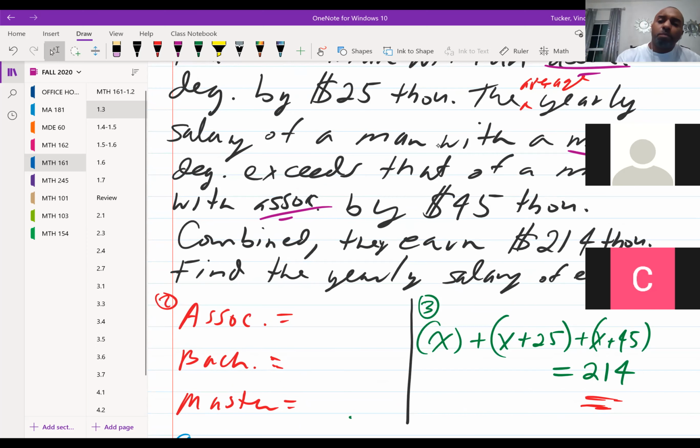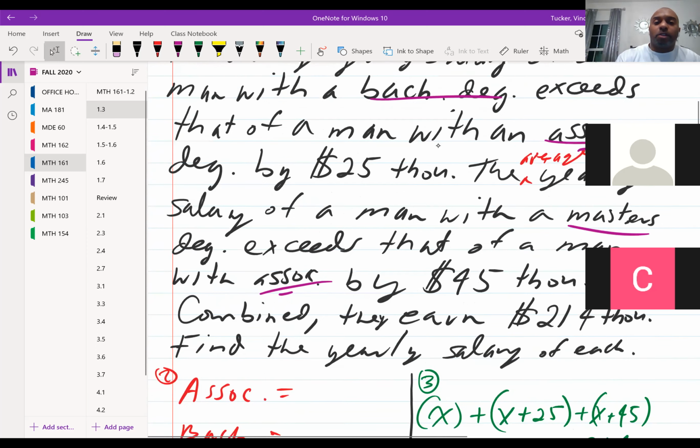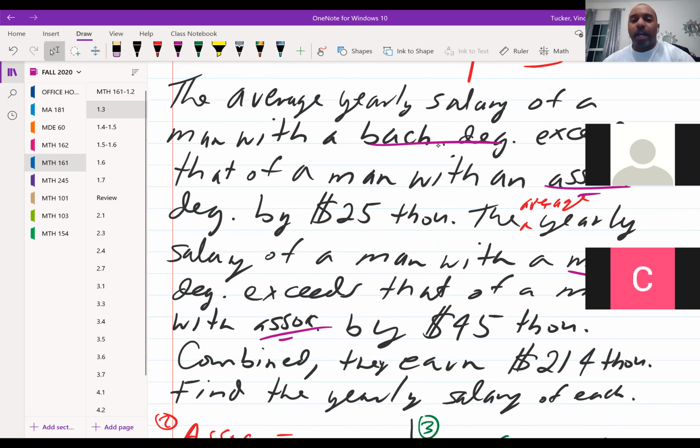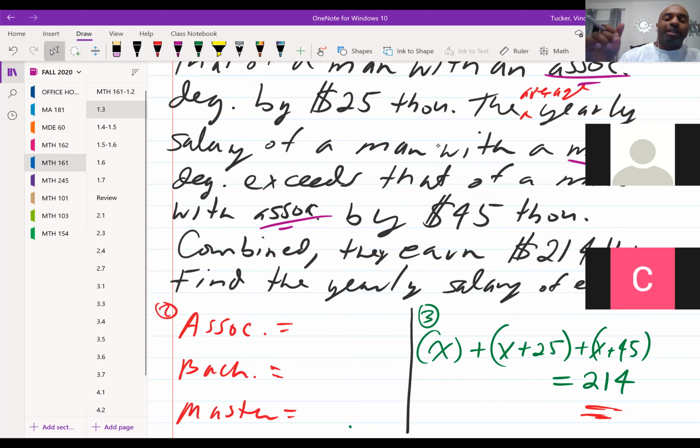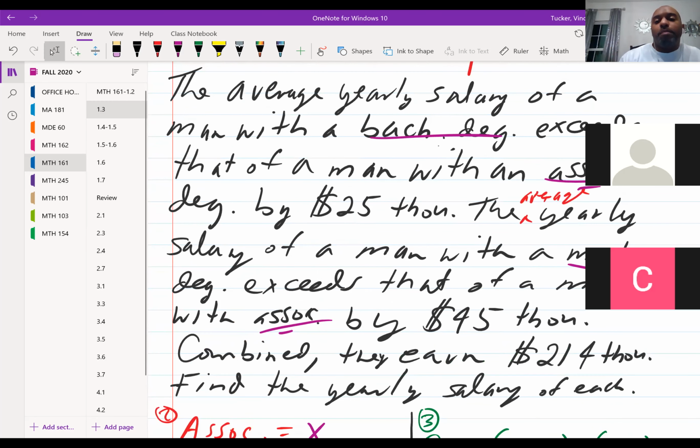So if you look at how these sentences are set up, the average yearly salary of a man with a bachelor's exceeds that of a man with an associate's by 25,000, and then the average yearly salary of a man with a master's exceeds that of a man with an associate's. So notice the associates is connected to both of your other degrees, so we can let that be equal to X. Now, going back to your first sentence, the bachelor's is described in terms of the associates.